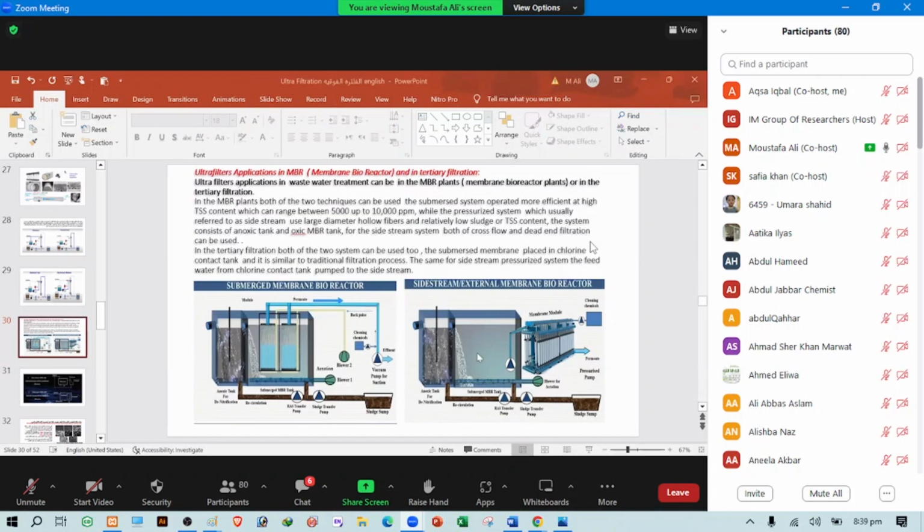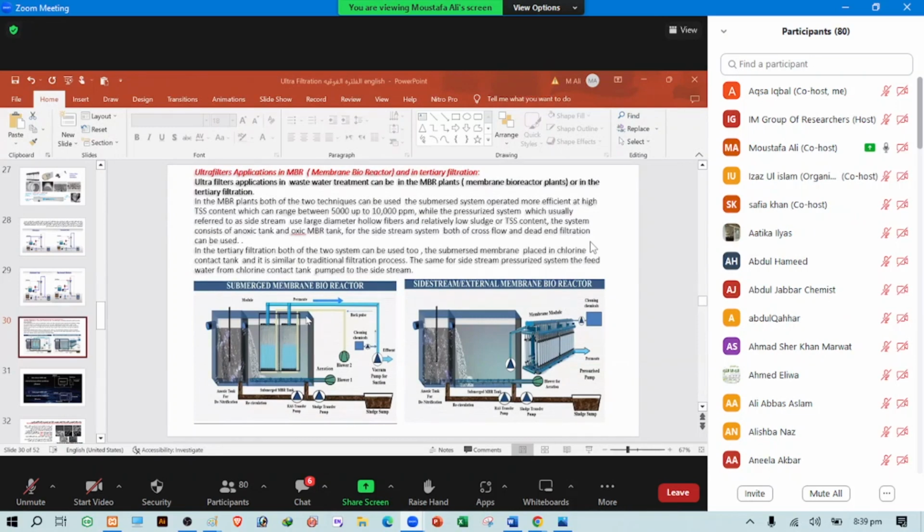Okay? So for the other side, in the sidestream system, we have the same: the aeration tank and the liquor. It is pumped to the vertical hollow fiber membrane, as we see inside a pressure vessel as a pressurized system.